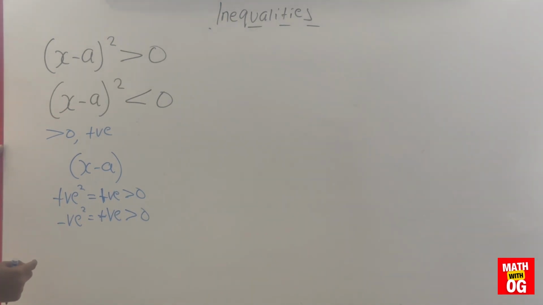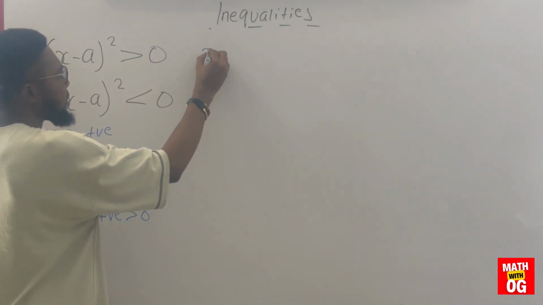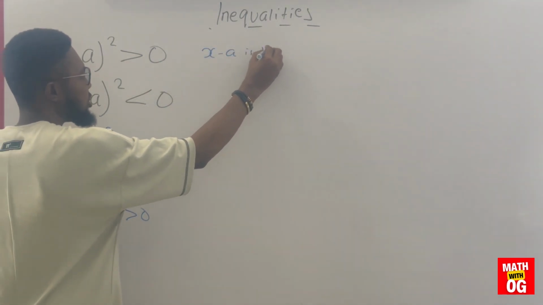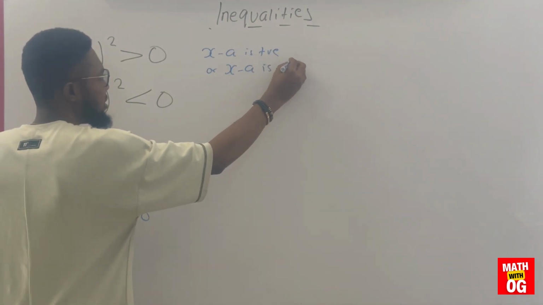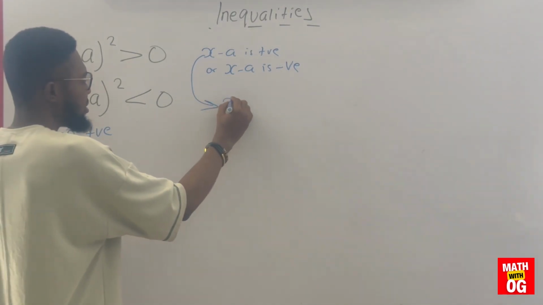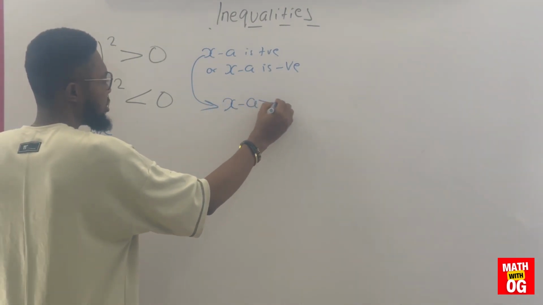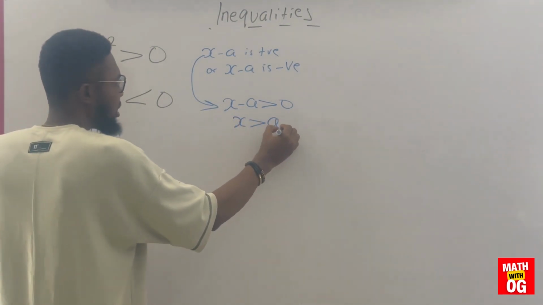Now what does it mean for x minus a to be positive? The solution to this is that x minus a is positive or x minus a is negative. For x minus a to be positive, it simply means that x minus a must be greater than 0, so x must be greater than a.